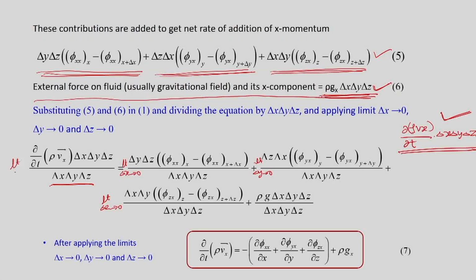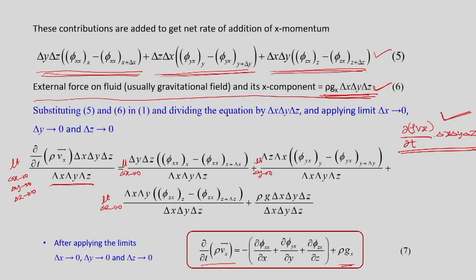So, we can convert this equation into the partial differential equation as shown here. What we get after applying these limiting conditions is dou by dou t of rho V x equals minus dou by dou x of pi x x, minus dou by dou y of pi y x, minus dou by dou z of pi z x, plus rho g x.